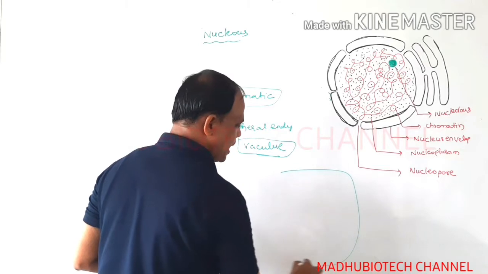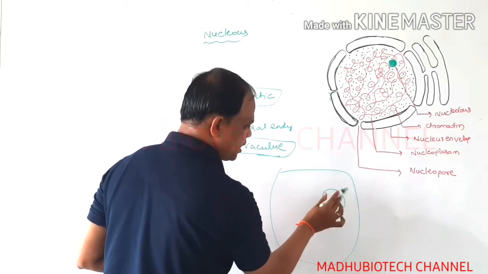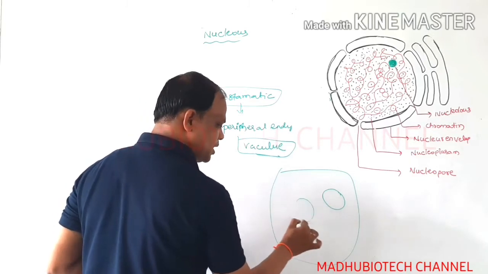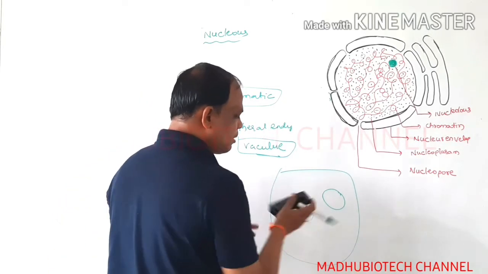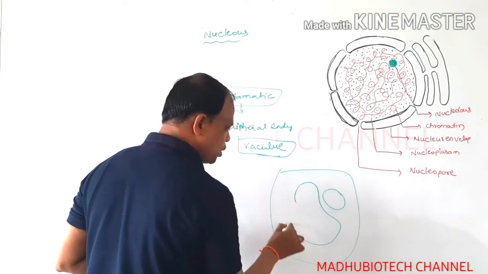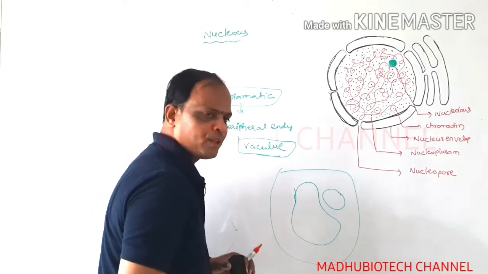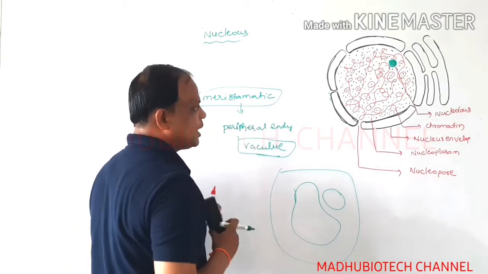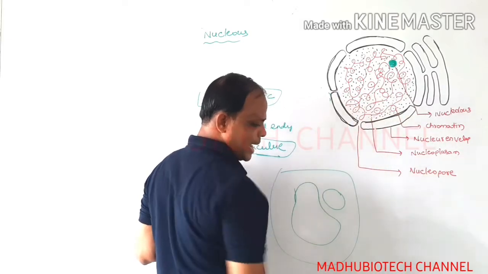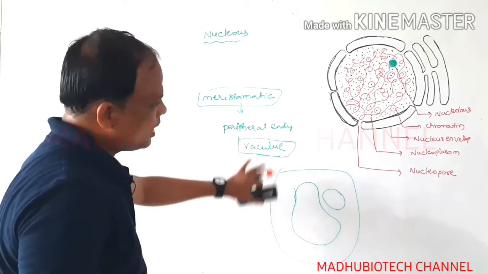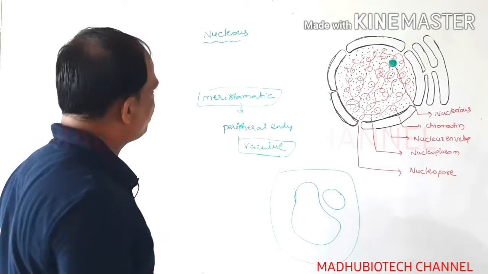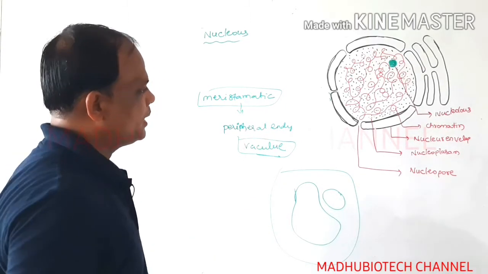For example, in this plant cell, the nucleus is present at one peripheral end, but in all meristematic cells it is present in the center. Because plant cells contain very large vacuoles, the nucleus is located at one side end. This is the location of the nucleus.